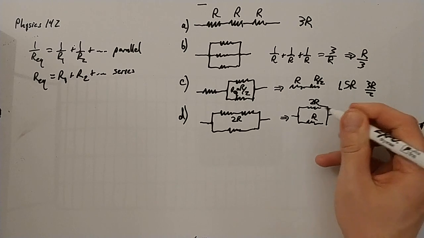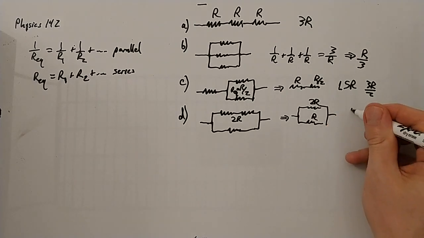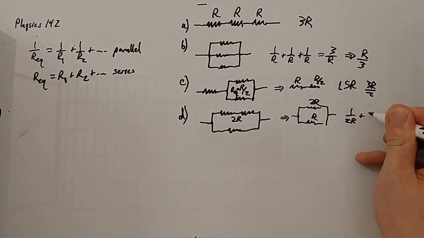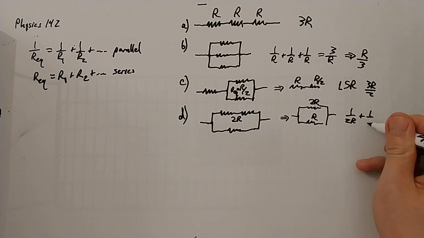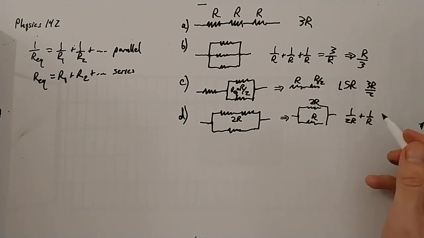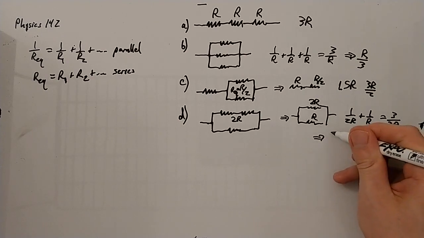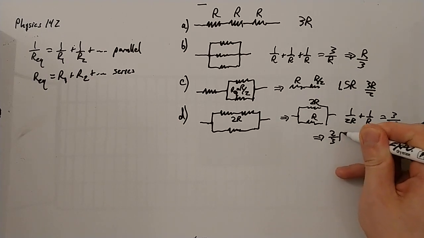And so how do we combine those? Well, we'd have 1 over 2R plus 1 over R. And so we need to get a common denominator. We'd multiply this by 2 over 2, and that would give us 3 over 2R. Or when we flip that around, we would end up getting 2/3 of an R.